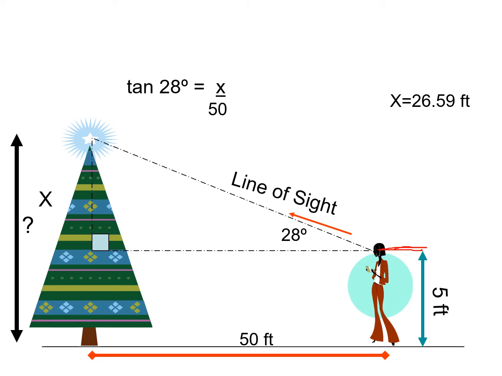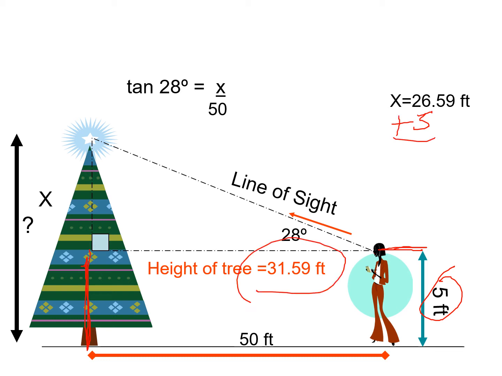Now we can take that 5 feet and that'll be just straight up extra 5 feet, see how it's like a big rectangle right there? That opposite end matches. So add the 5 feet on to your 26 and you're going to get 31.59 feet for the height of the tree. Okay? That looking up is called an angle of elevation.